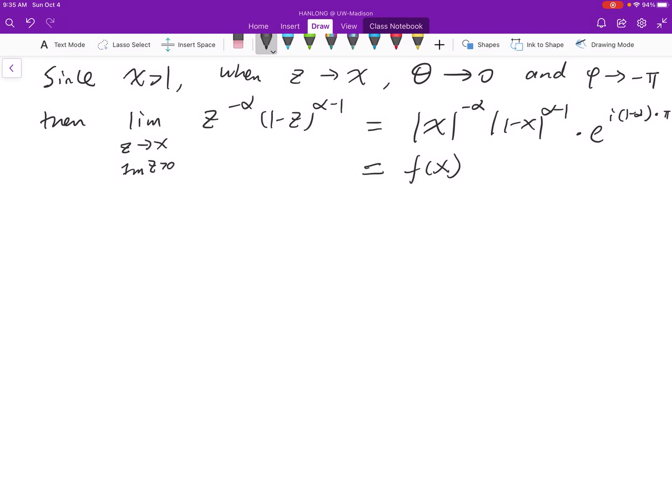Okay, and now let's compute the lower half plane. So when the imaginary part of z is less than 0, by the formula, we still have the branch formula.